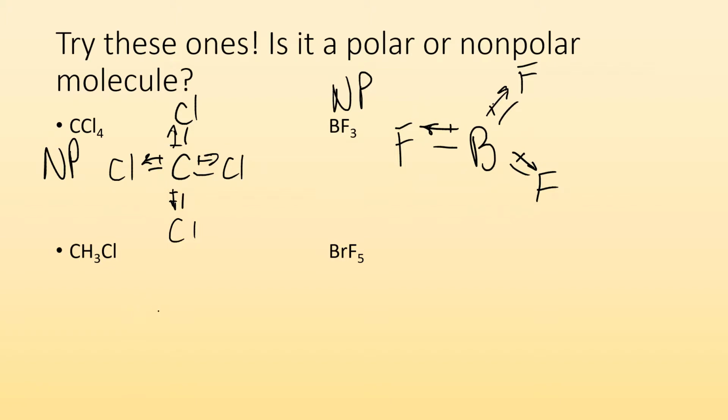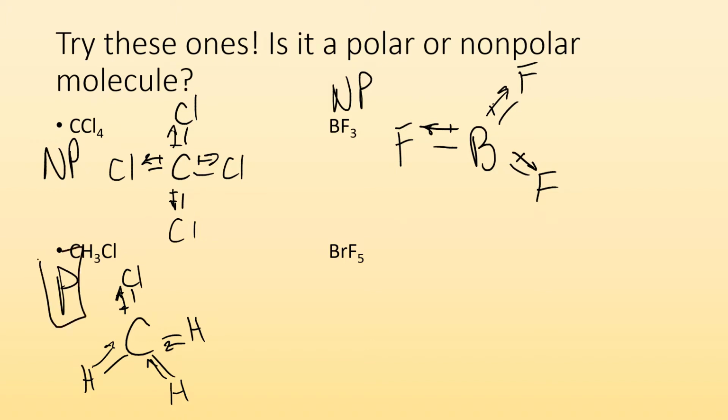Now, CH3Cl, well, let's see. Well, hey, wait a minute. I know chlorine is the most electronegative there. And if I recall correctly, carbon's more electronegative than hydrogen. Overall, hey, wait a minute. These aren't canceling each other out perfectly, which means CH3Cl would be a polar molecule.